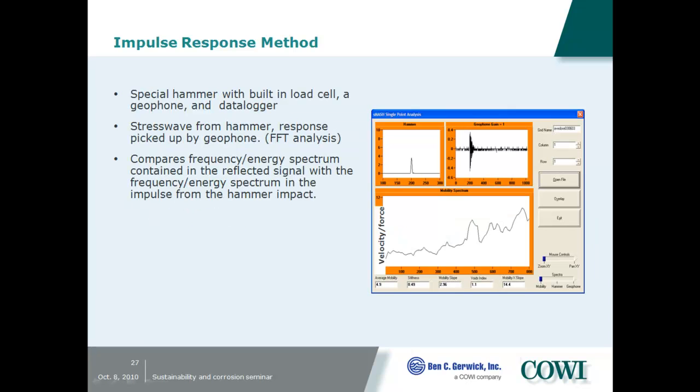Then you have a data logger connected to it. So you have a hammer impact, and you have the response on your geophone. You then do an FFT analysis, and you calculate a velocity over force spectrum. You get a response signal, and there are different things where you can evaluate the results. This is called the mobility, and this is called the mobility slope, for instance. There are different parameters that can be calculated.